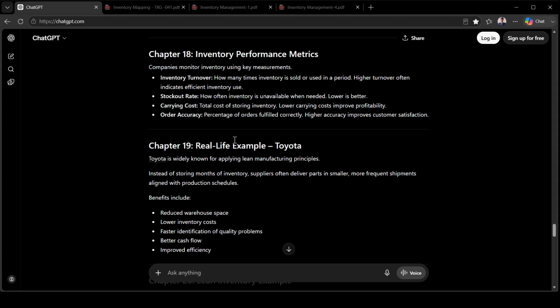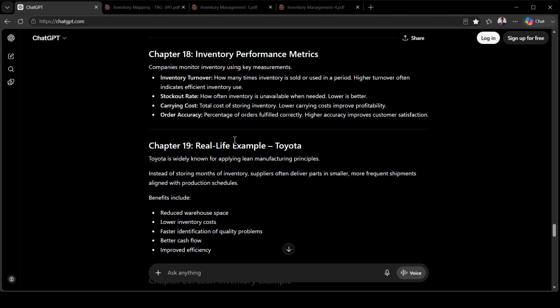Carrying cost, total cost of storing inventory, lower carrying cost improves profitability. Order accuracy, percentage of orders fulfilled correctly, higher accuracy improves customer satisfaction.